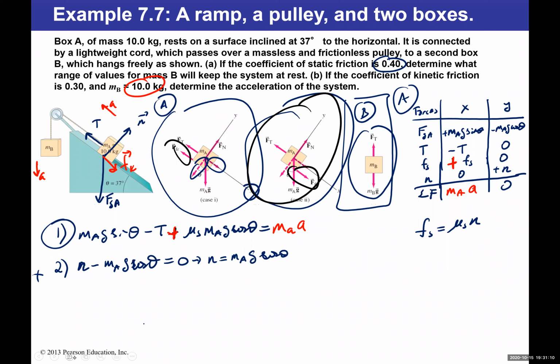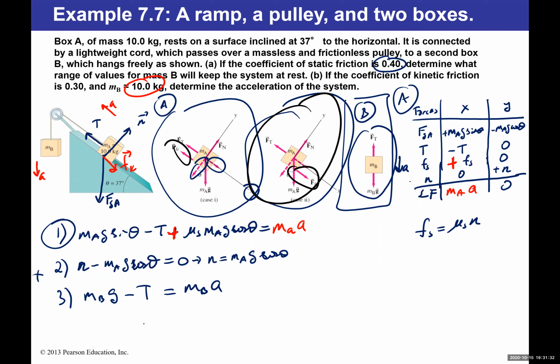Okay. Then equation 3 now becomes MBg minus tension equals MB times acceleration. That means there's also an acceleration downward, taking down as positive, so weight is heavier than the tension. So then we have equation 3 like this.